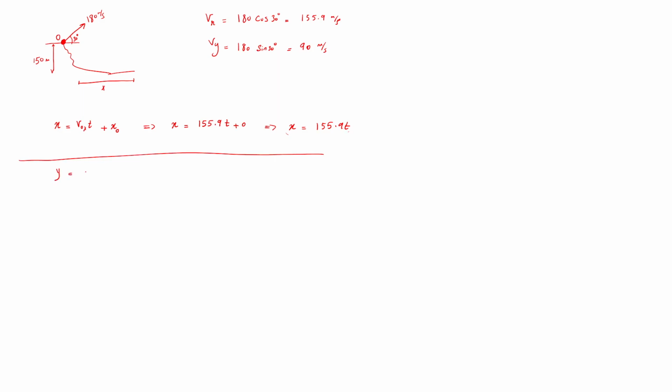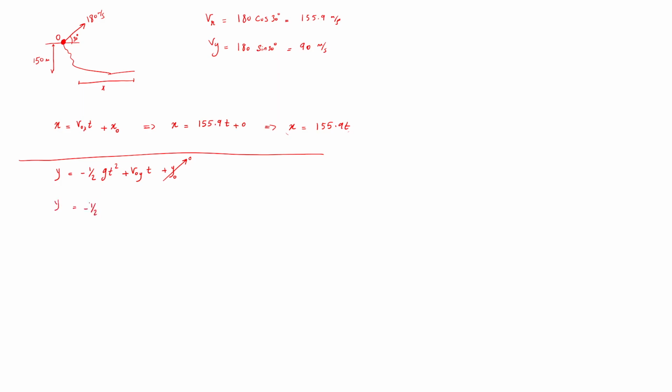The y equals minus 1/2 g t squared plus v0 times t, the initial velocity along the y-axis, plus initial position. Based on our setup, the initial position is 0.